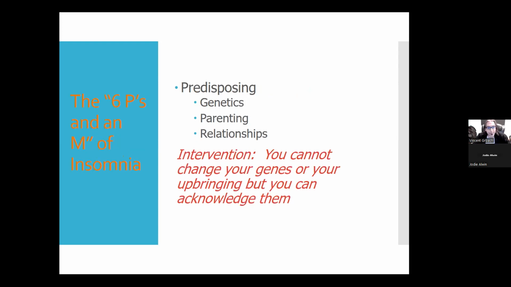Things like parents who have difficulty with limit setting, when children have difficulty self-soothing, they actually grow up to be adults who have chronic insomnia. So the intervention here is to recognize that you can't change your genes or your upbringing, but acknowledging them kind of eases some of the stress that patients put on themselves, or why am I like this?